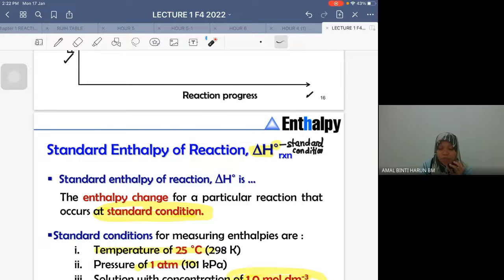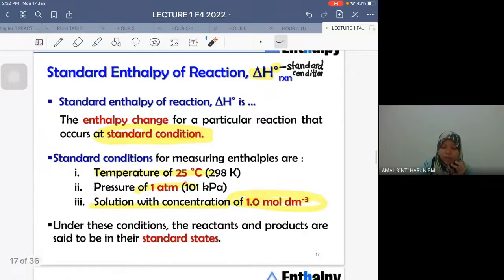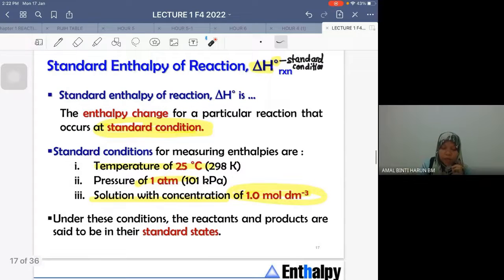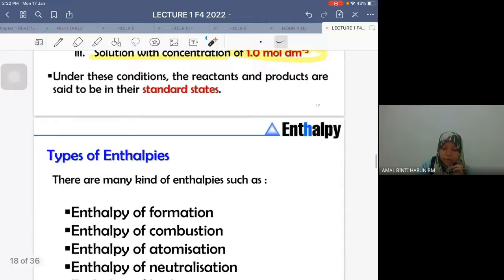Apa kriteria to be standard condition? Ni 3 kriteria. Temperature 25 degree, pressure 1 atm, solution yang terlibat dalam sistem tu mesti 1 molar. Okay. Under this condition, reactant and product are said to be in their standard states. Okay.